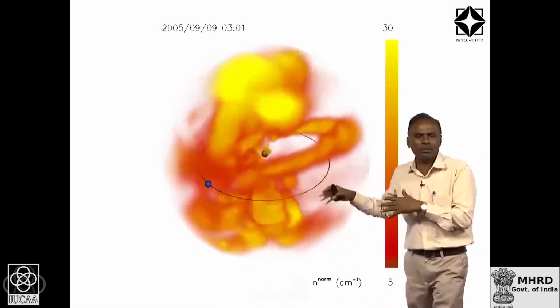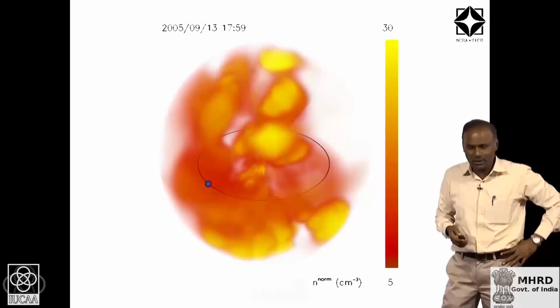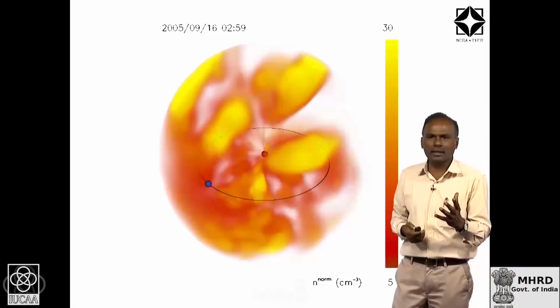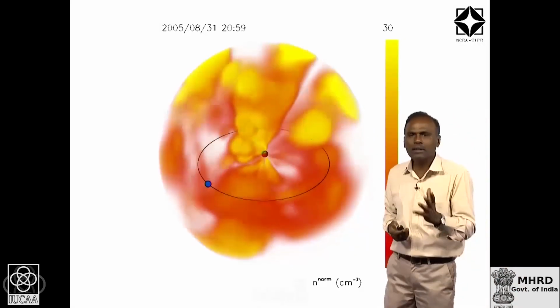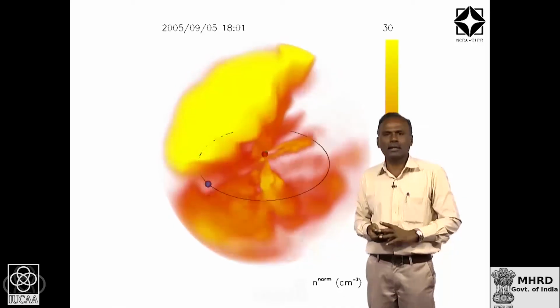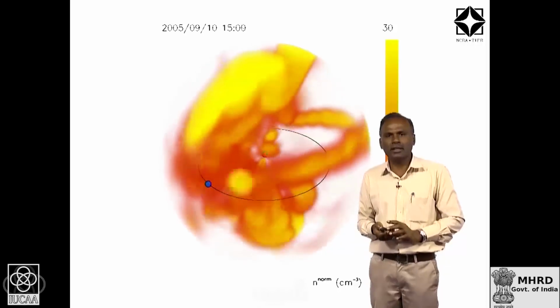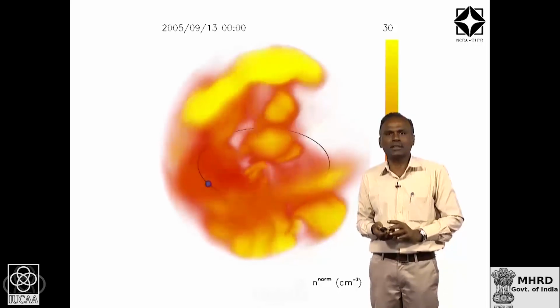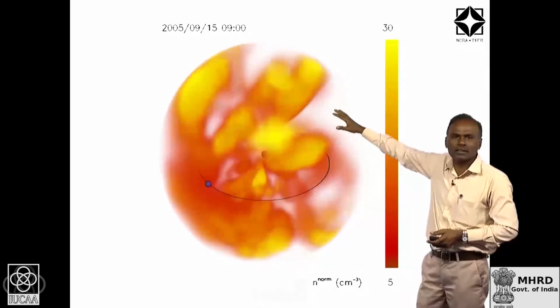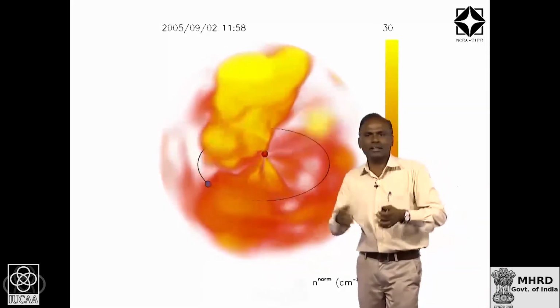This gives something like 25 days of how the heliosphere is varying. This is a typical example of how the solar wind dynamics varies in three-dimensional space. The concentrated density regions are associated with the warping of the magnetic current sheet.